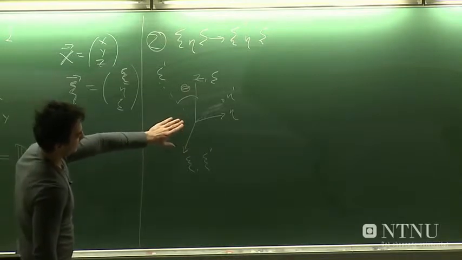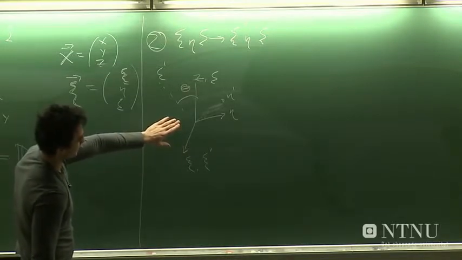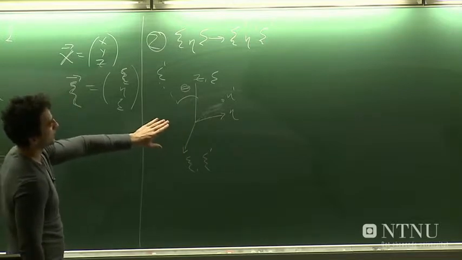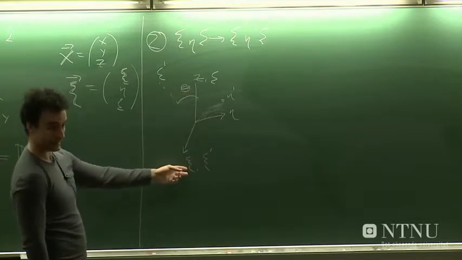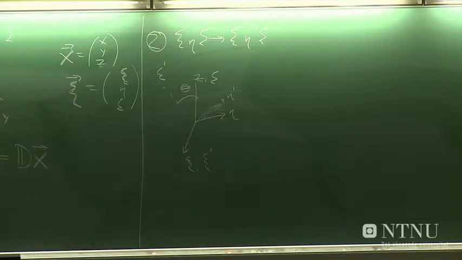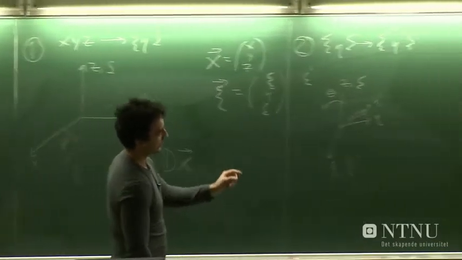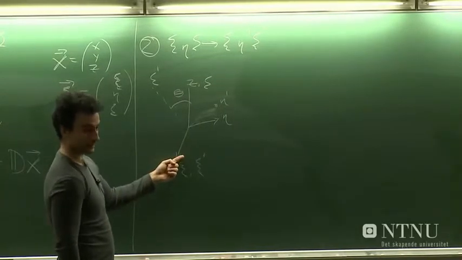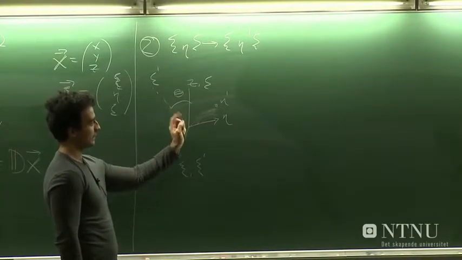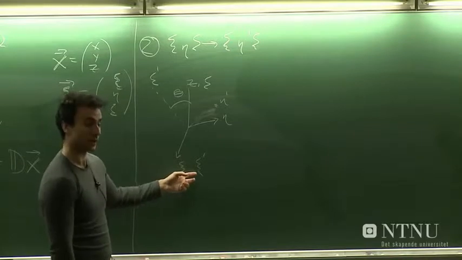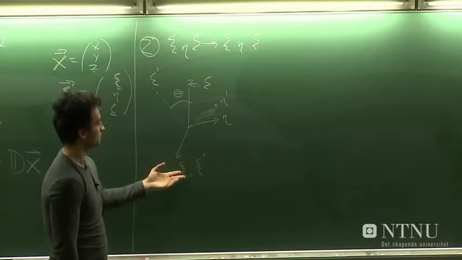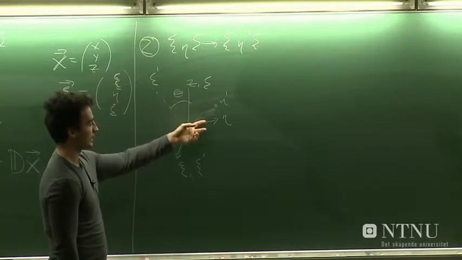So what we're doing here, I'm not sure it's really obvious from this figure, but we're rotating the system around this axis. So we started off by rotating the system around the z-axis, in the plane like this, and now we're performing a rotation around this axis. So we're tilting this angle, which means that the xi and the xi prime axis should be the same. And we get an angle here and here.